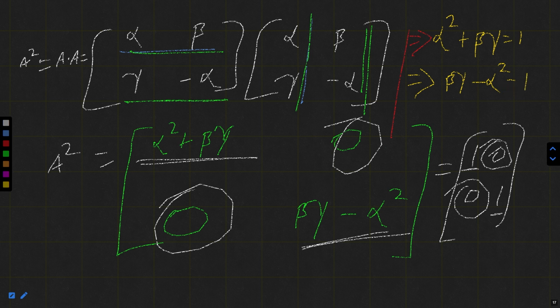Let me write it in a simple way. Alpha square minus beta gamma plus 1 is equal to 0, and from this what will you have? So let us check.